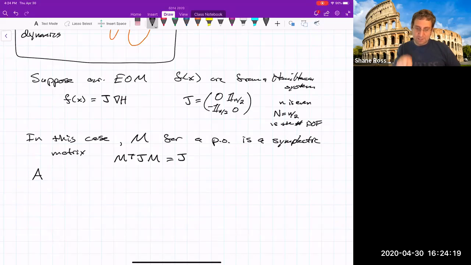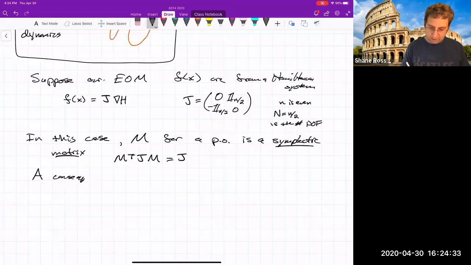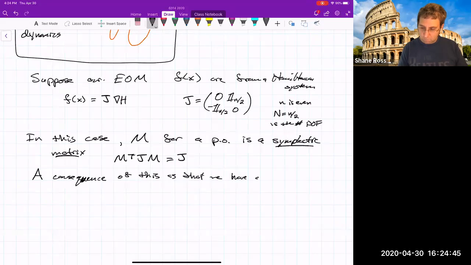Well, because of this property, coming from a Hamiltonian system, being a symplectic matrix, we get another eigenvalue 1. And I will try to explain physically where that comes from.